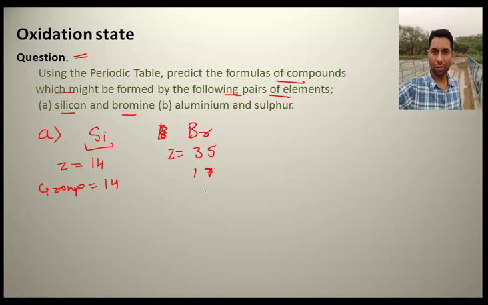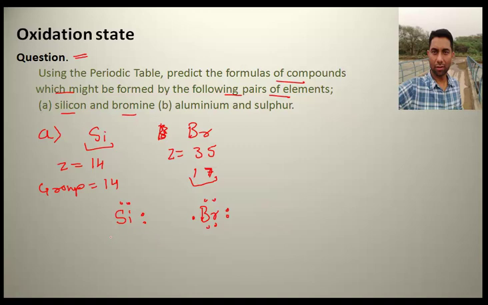So group 17 means bromine will have 7 valence shell electrons around itself, 7 electrons. And silicon will have 4 electrons.